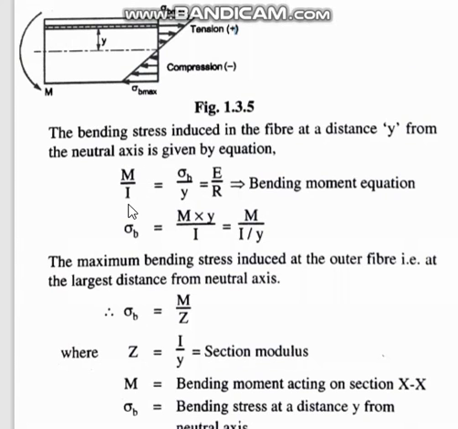I is the moment of inertia. Sigma B is the bending stress. Y is the distance of the extreme fiber from the neutral axis.